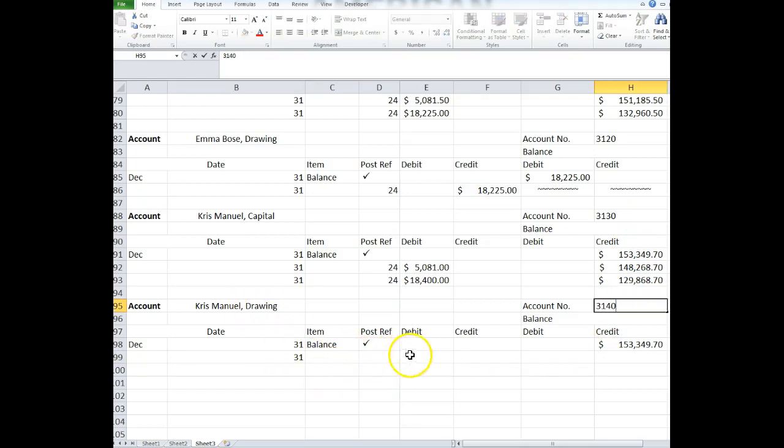Okay. Chris's drawing. Okay, his balance, 18,400.